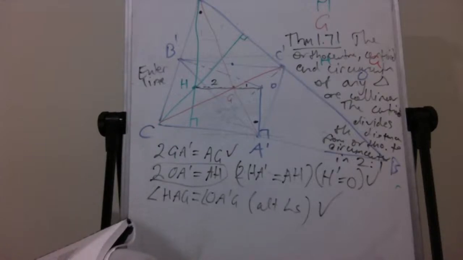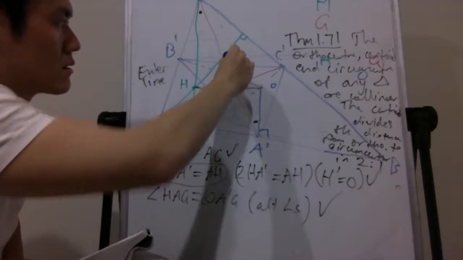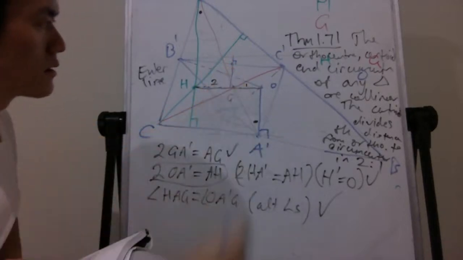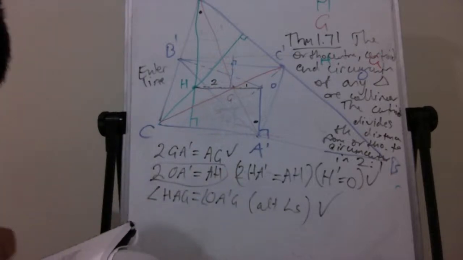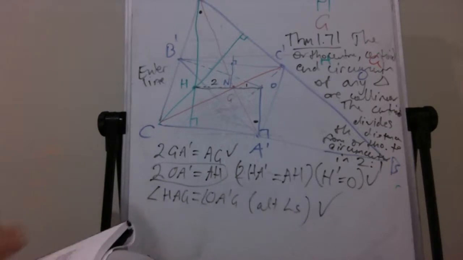So the Euler line HO meets the line through P perpendicular to B prime C prime. Like this line, I guess, somewhere, called N. Some craziness right there.